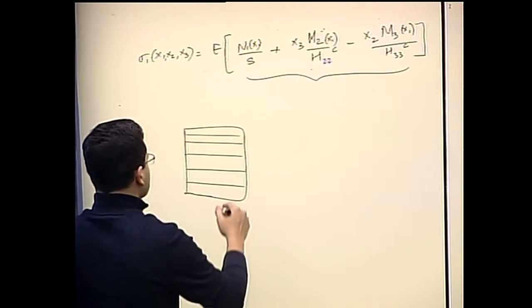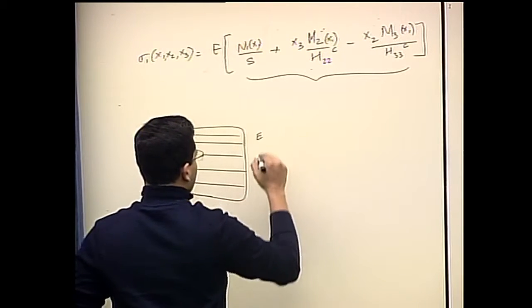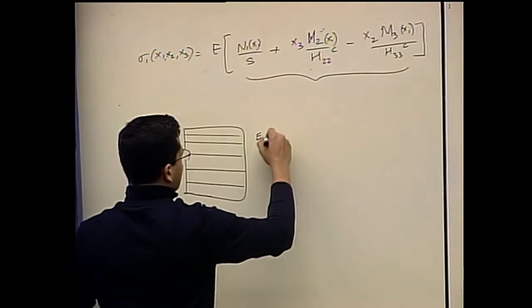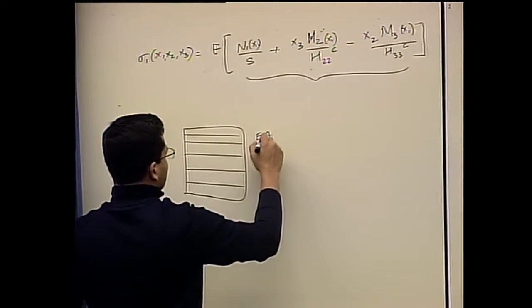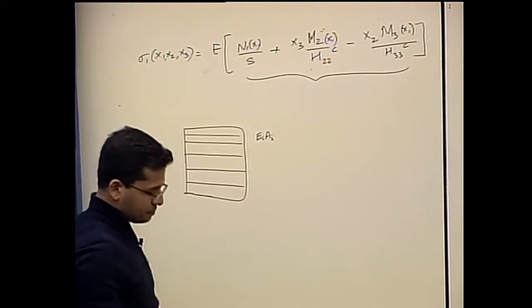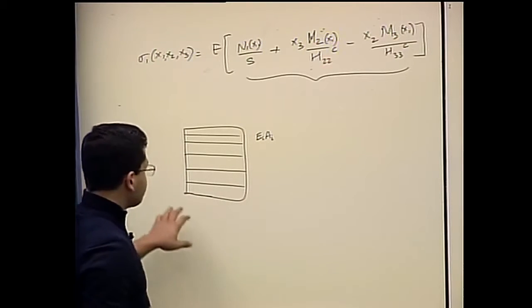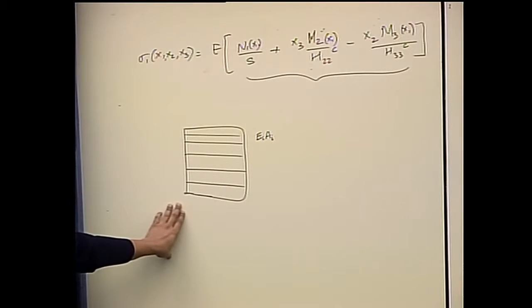Each layer has E as the material property, and let's say AI as the area, again EI. Now we need to know how the strain distribution would look. Would it be continuous across all the layers or discontinuous? Any ideas?